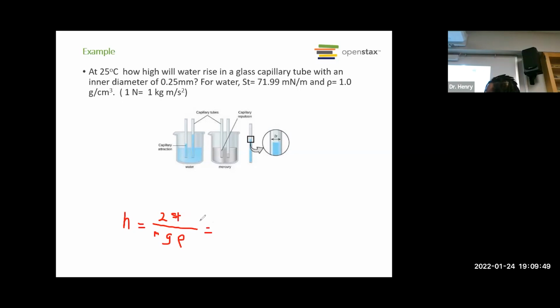Okay, so change our radius into meters. But that's the inner diameter, so we know that's going to have to be divided by 2. So we're looking for r, equal to the millimeters divided by 2, and then we need to change that from millimeters to meters. How do I change that to meters?